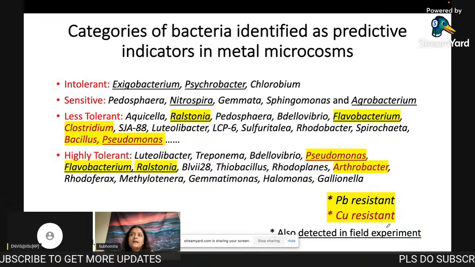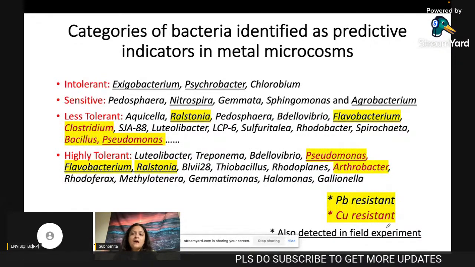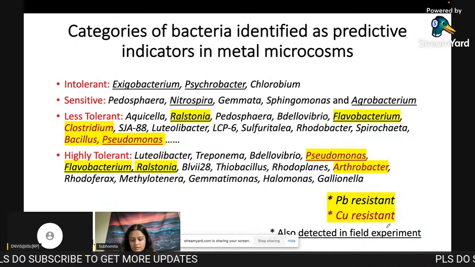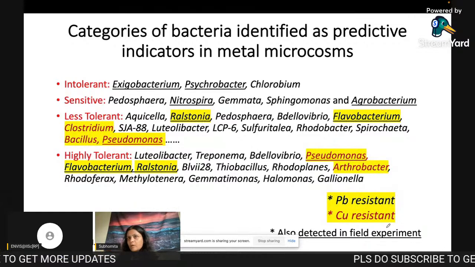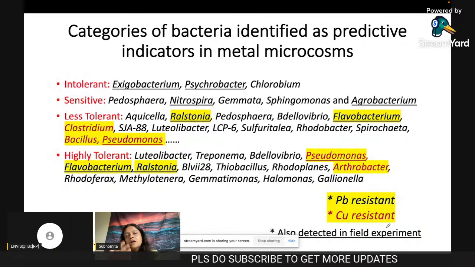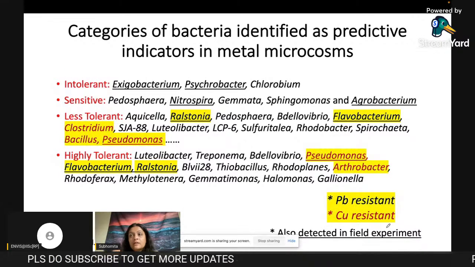But there were again many lead resistant bacteria, dominantly, because we have analyzed the abundance factor here also. So we do know that these were present abundantly in these ecosystems. Therefore we could justify why lead was favoring the diversity, because many of these bacterial species were tolerant or resistant to lead.